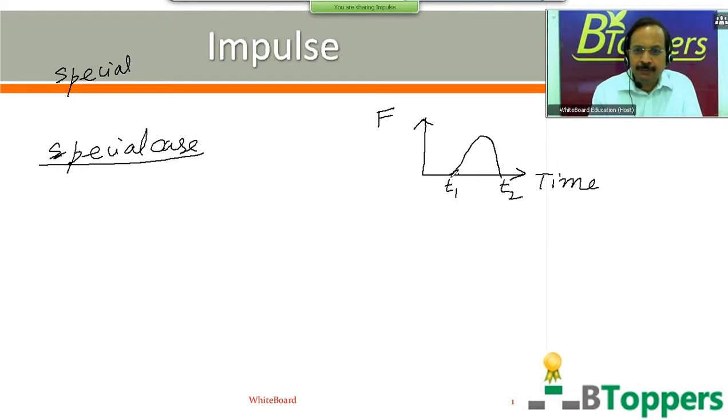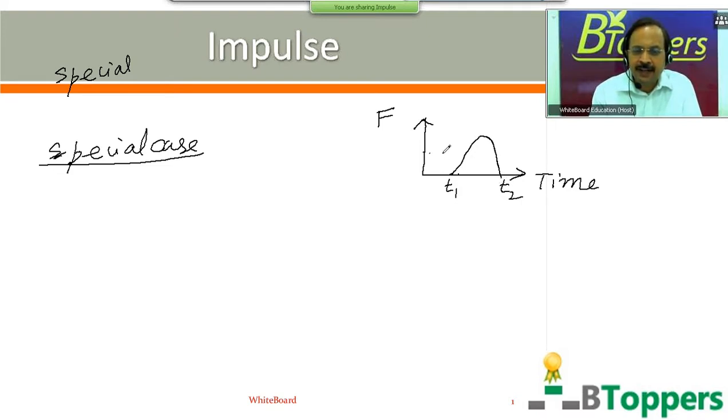Let us suppose the impulsive force on the ball begins to act from the instant t equal to t1, and ceases to act on the ball after the instant t equal to t2. So the magnitude of the impulsive force on the ball starts increasing from 0 and finally reduces to 0. You can roughly show the graph in the manner shown in the diagram.